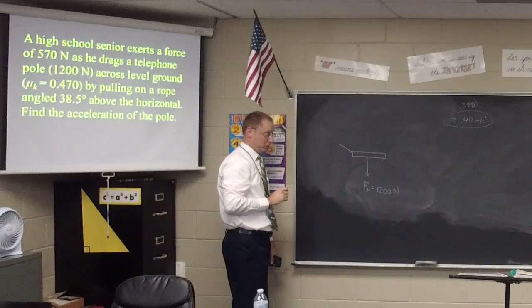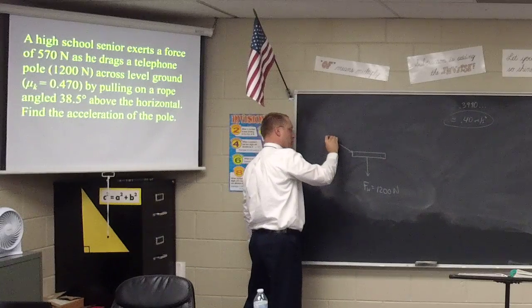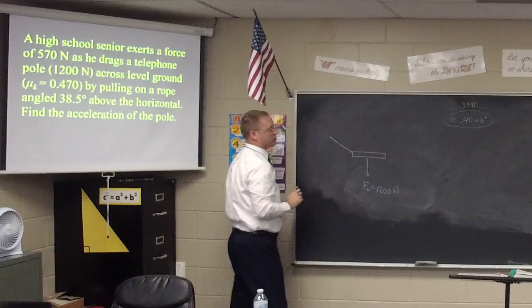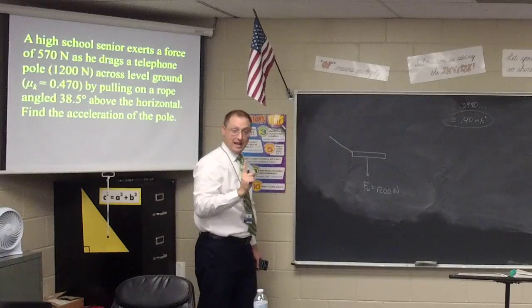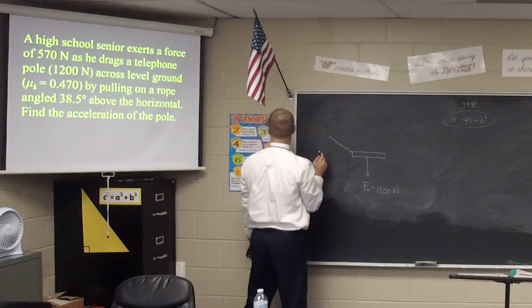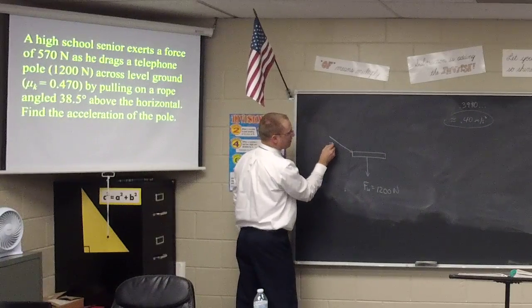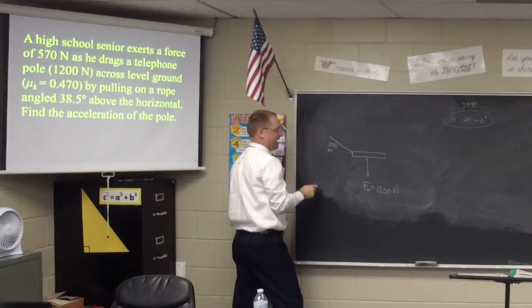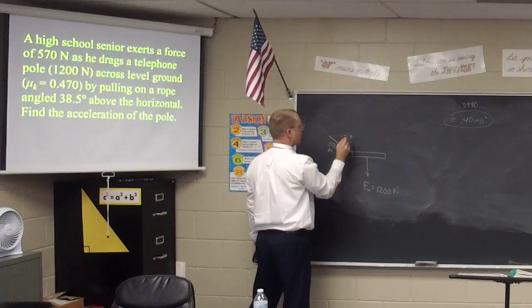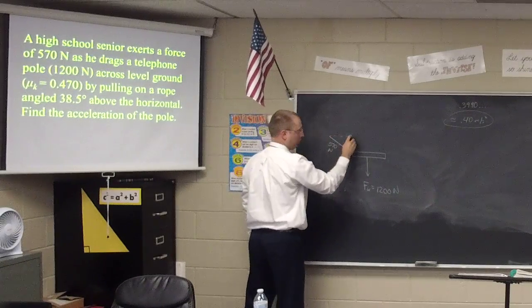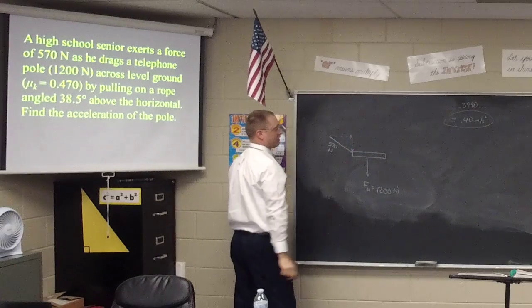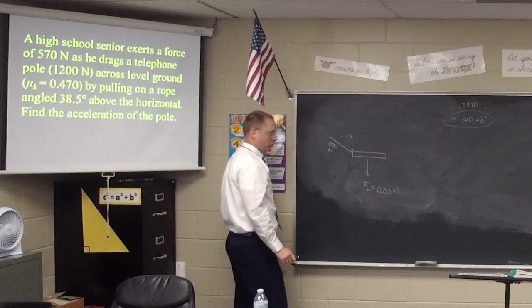as he pushes on the telephone pole. Now, question, is Michael pushing forward or is Michael pushing downward? Yes. Some of this applied force, and let's just say it's 570 newtons, even though Michael would push harder than that. Some of the 570 newtons pushes forward. Some of the 570 newtons pushes downward.